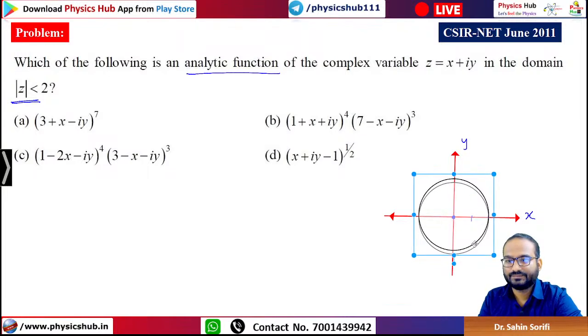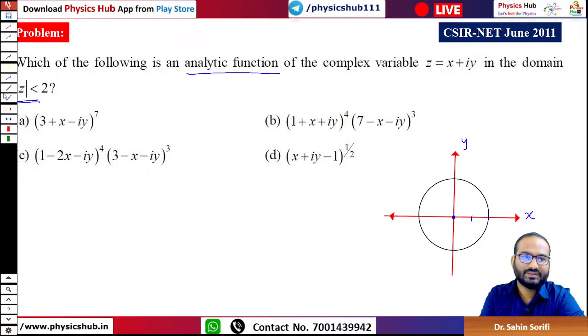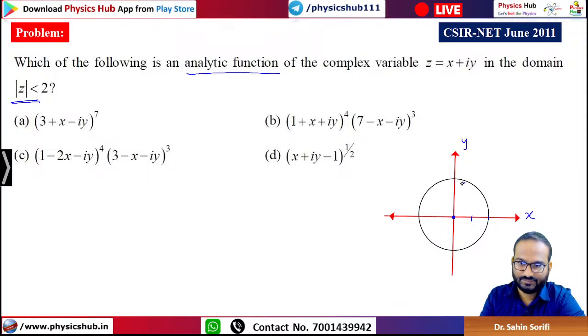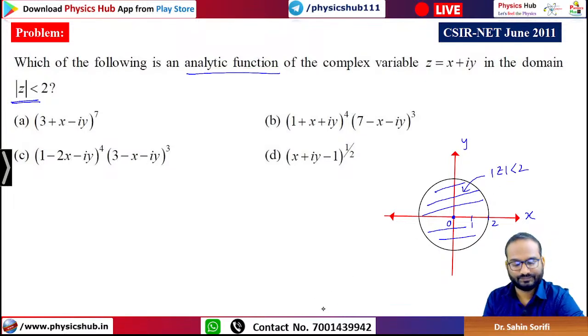Roughly like this. So mod z less than 2 means these inner points, this region.